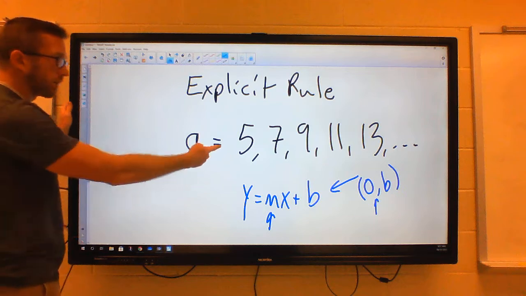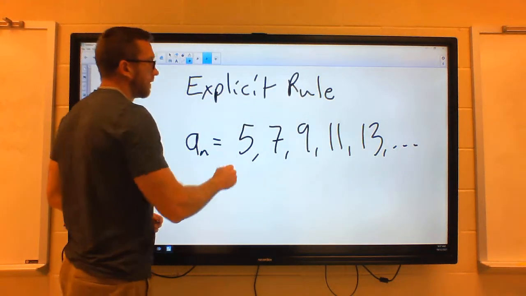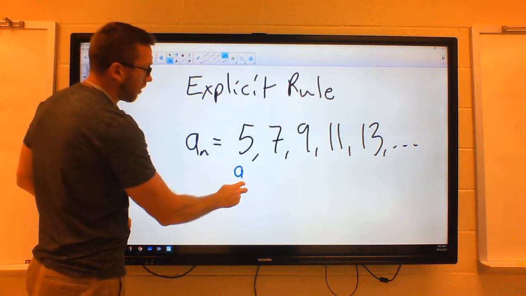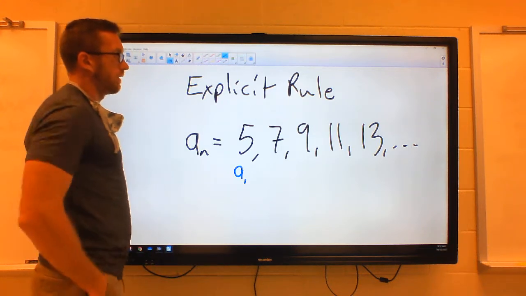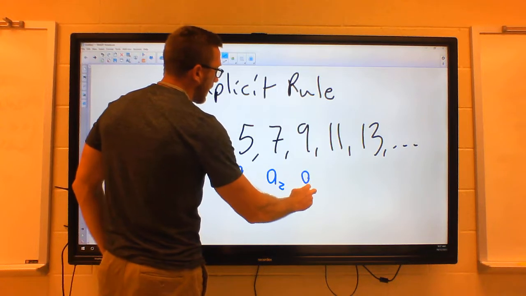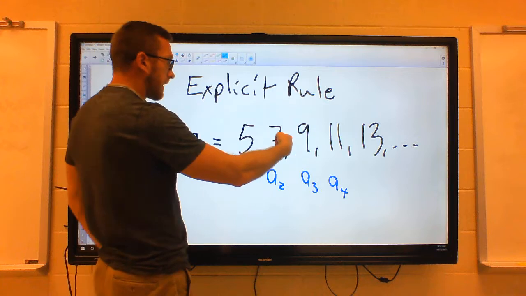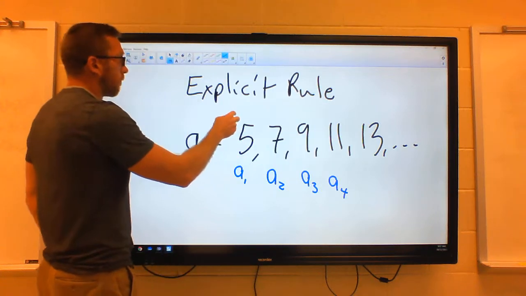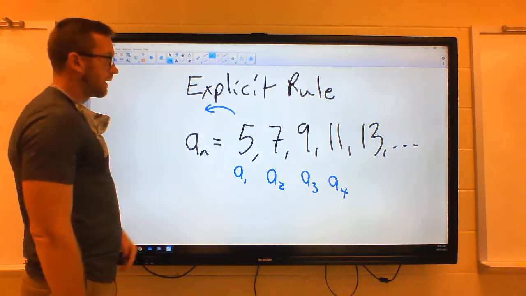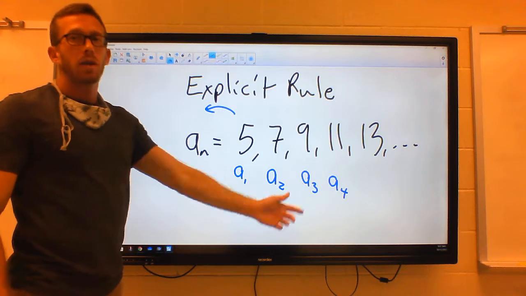Now typically, we don't start with the zeroth term. So 5 is not the zeroth term. If you recall, 5 is a1, 7 is a2, 9 is a3, 11 is a4: first term, second term, third term, fourth term. The zeroth term isn't even a part of our sequence.